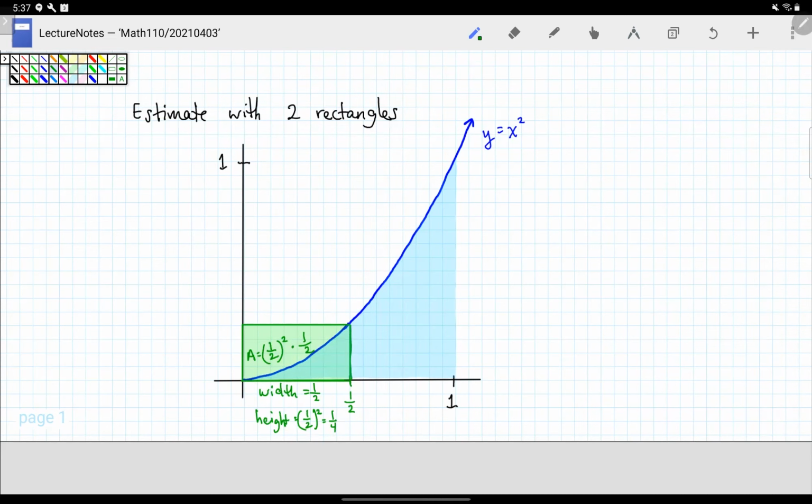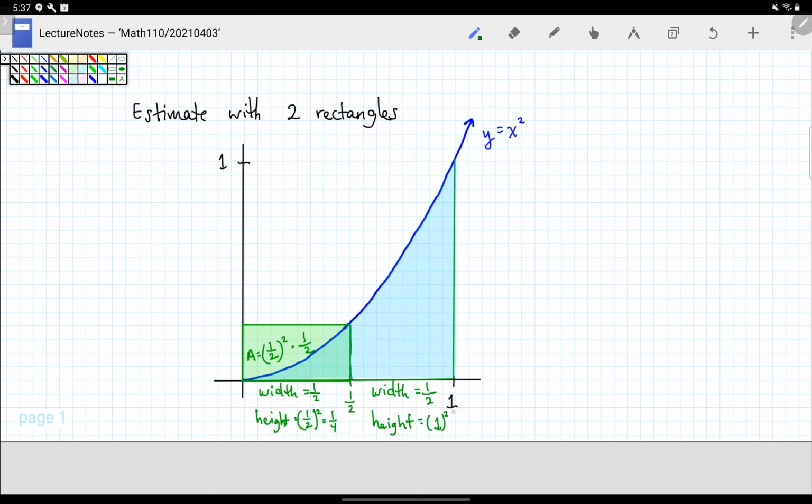And the next rectangle here, the width is going to be 1/2 again. And the height, I'm going to take from the curve at the right endpoint of the interval. So that height is 1, and I get that from 1 squared.